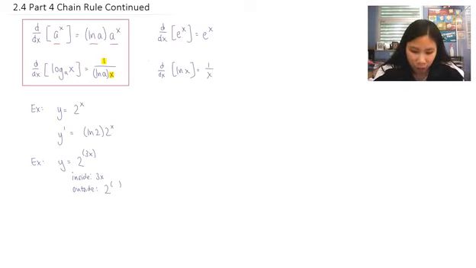The derivative of the outside would be the natural log of 2 times 2 to the whatever power, and in this case it was the 3x. And then we're also going to multiply that by the derivative of the inside. The inside was 3x, so the derivative is going to be 3. So my final answer for my derivative is going to be 3 times natural log of 2 times 2 to the 3x power.